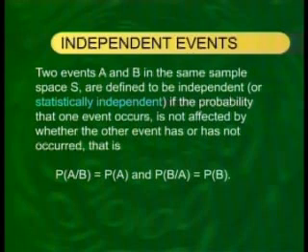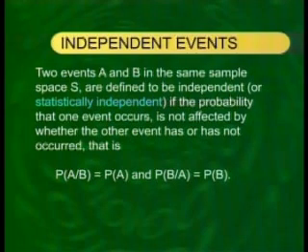All right, let us now proceed to the concept of independent events. As you now see on the screen, two events A and B in the same sample space S are defined to be independent or statistically independent if the probability that one event occurs is not affected by whether or not the other event has occurred.